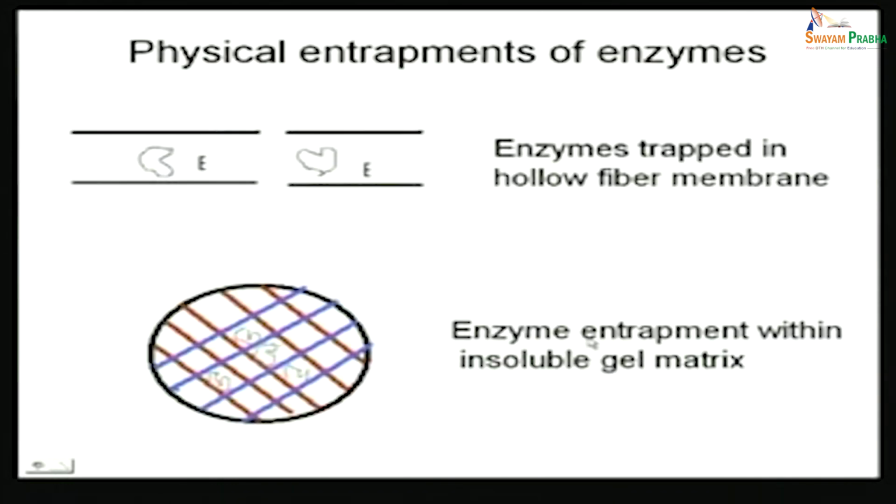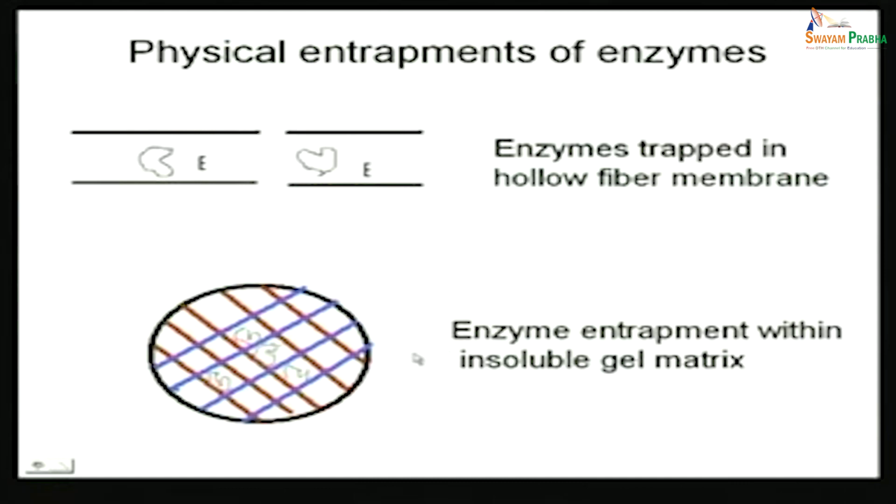Now, there are other kinds of enzyme immobilization, which are known as physical immobilization. One example is that you trap the enzyme in hollow fiber membranes. These hollow fiber membranes are really very thin cylinders, so to say. Think of them like a bunch of cylinders, like a shell and tube heat exchanger, except that the tube side is really small. The enzymes being small themselves, you entrap the enzyme within those hollow fiber membranes.